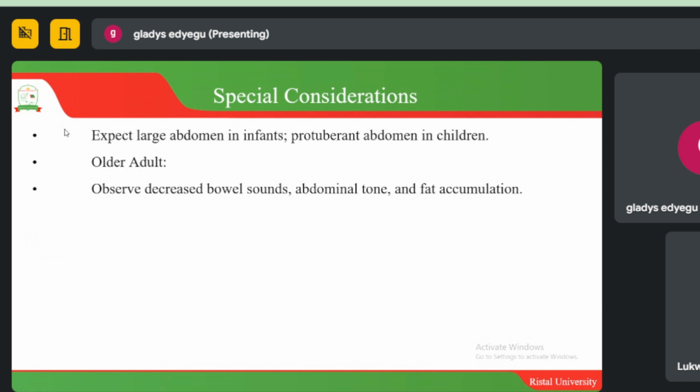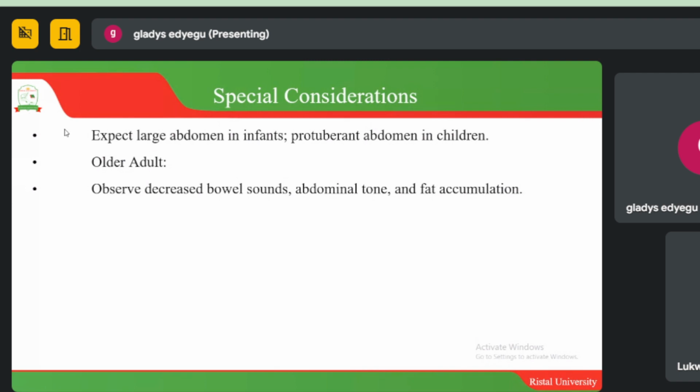So that may not show that this baby is having a problem, but in most cases it is normal for the infants who are just born. That is the normal shape of their abdomen, but it should not be very distended, or so prominent that there is a problem inside the abdomen. But when this baby is lying on his back, you realize this abdomen is broader. It's not like the way it looks for adults.